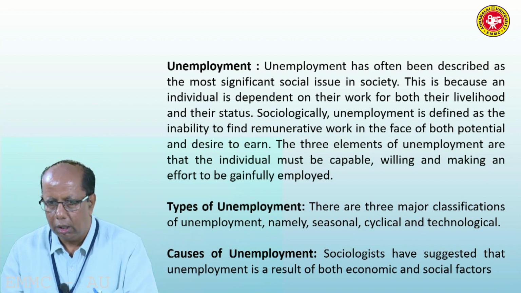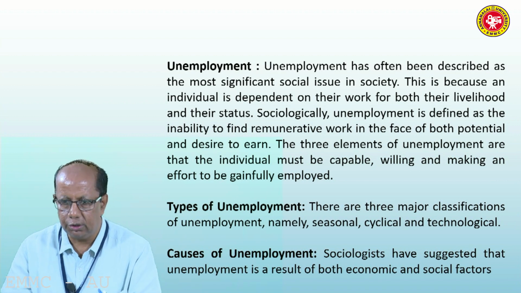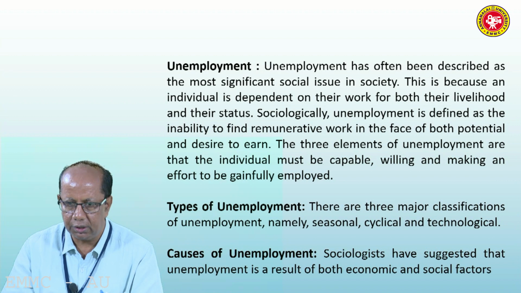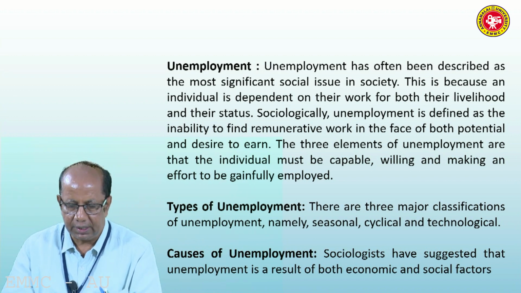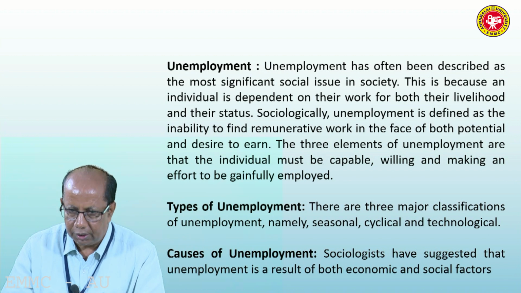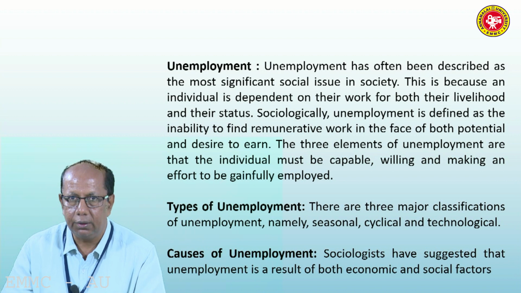Unemployment. Unemployment has often been described as the most significant social issue in society. This is because an individual is dependent on their work for both their livelihood and their status. Sociologically, unemployment is defined as the inability to find remunerative work in the face of both potential and desire to earn.